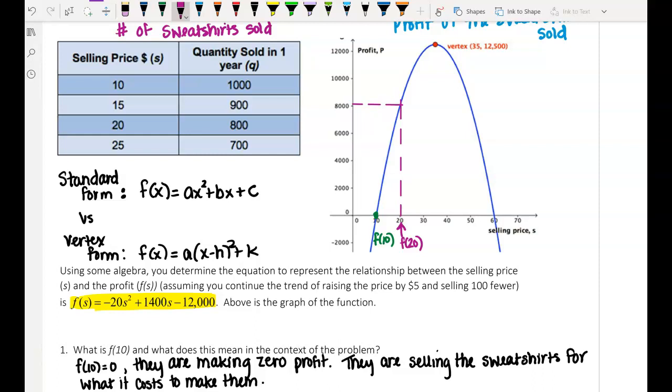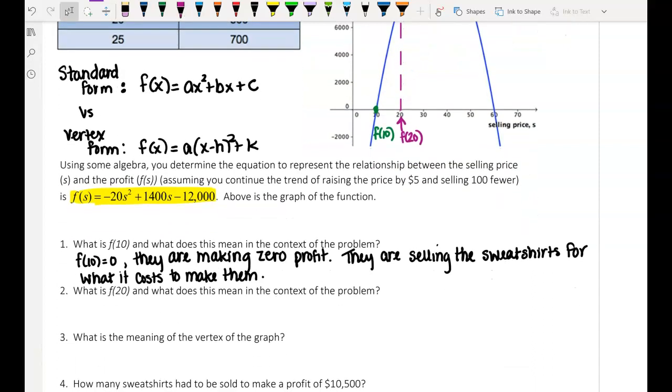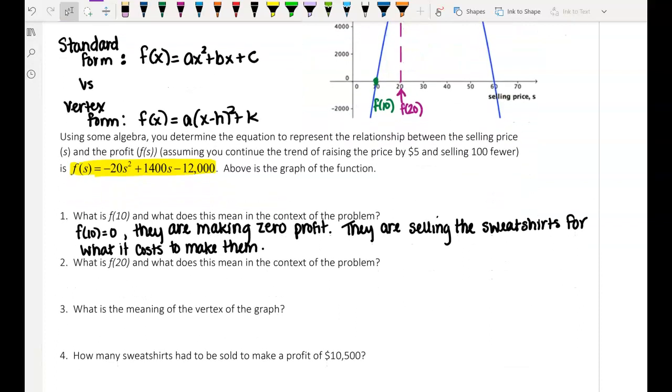So when I sell it for $20, how much profit per sweatshirt am I making? Because remember, it costs $10 to make. So if I'm selling it for $20, how much profit am I making per sweatshirt? $10. So f of 20 equals 8,000. They are selling for $10 more, giving them $10 profit per sweatshirt.